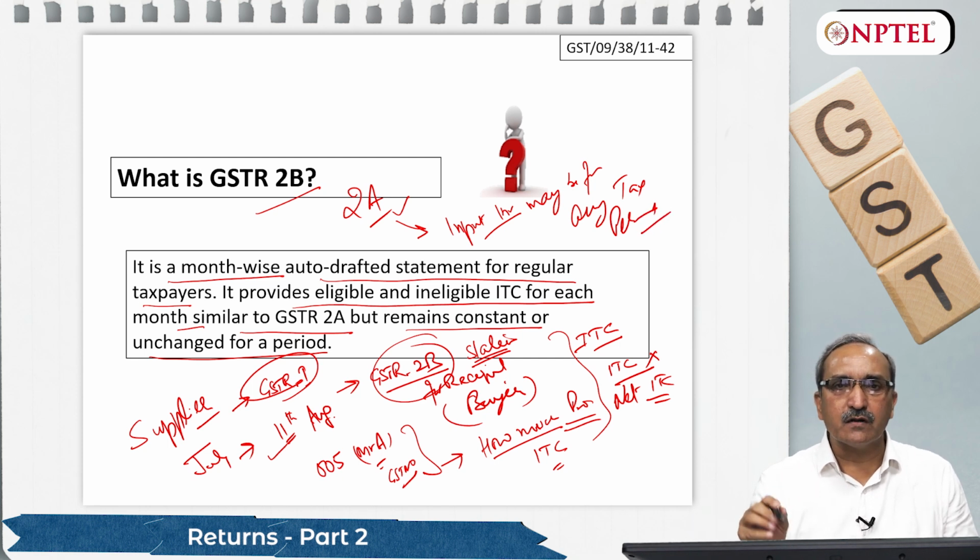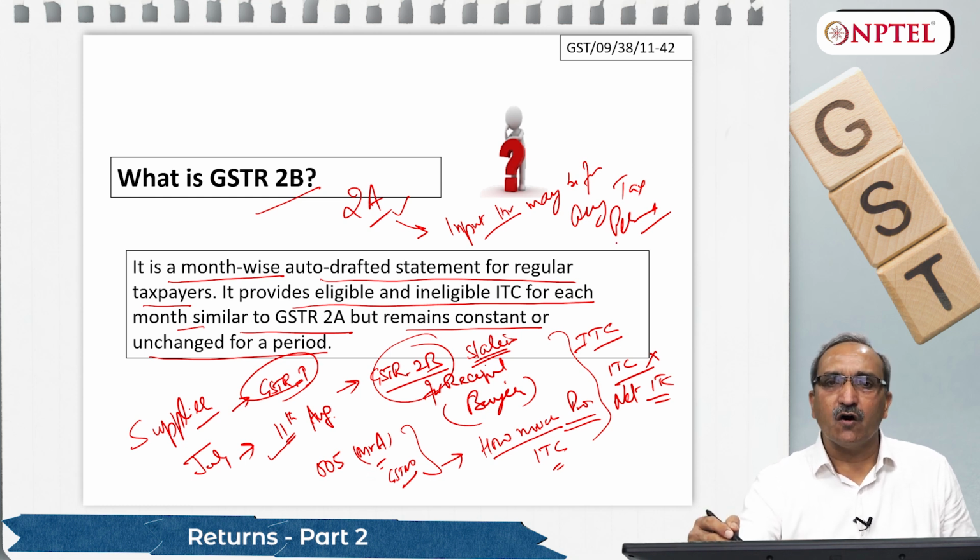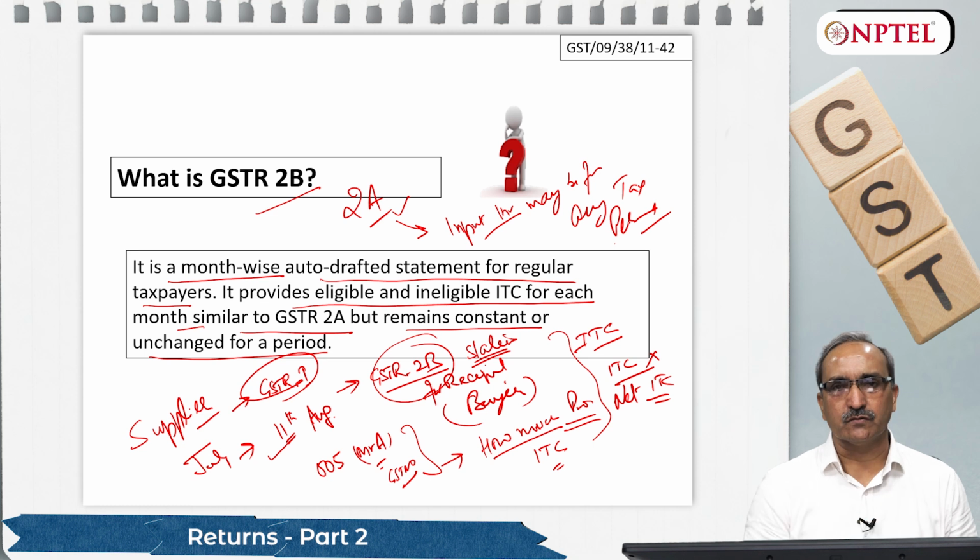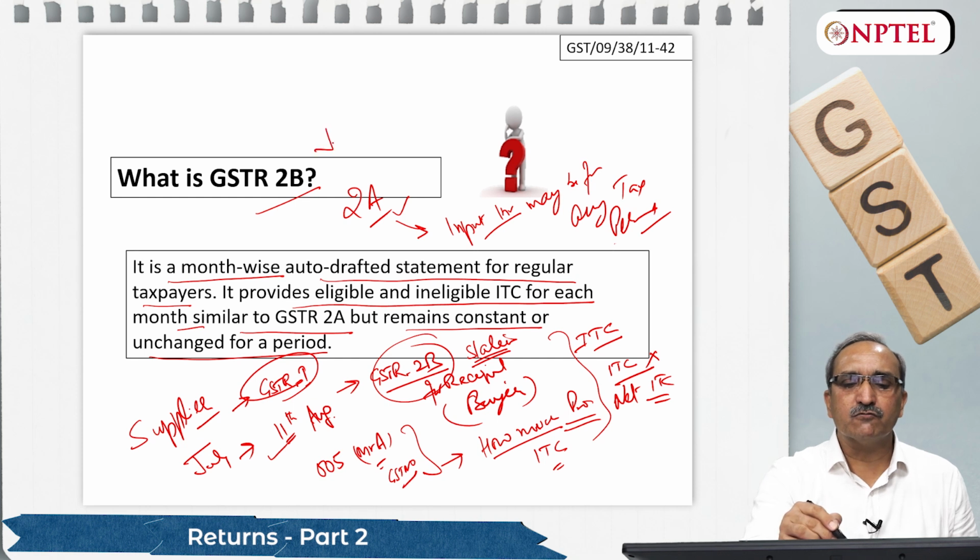If I go for GSTR 2A for Mr. A for the month of July, it may contain details of bills relating to March, April, May, June. But if we go for 2B of Mr. A, it will contain the invoices raised to Mr. A during the month of July only.